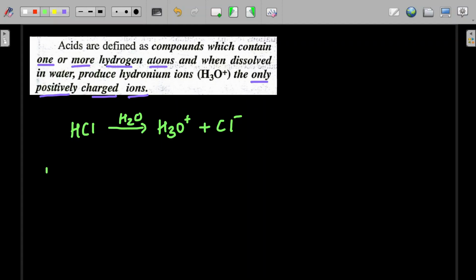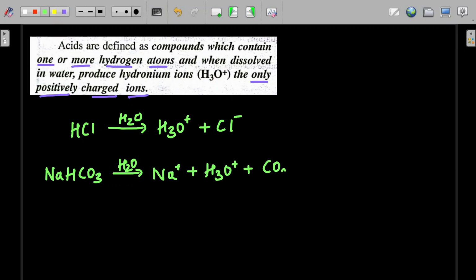But if I take NaHCO3, sodium bicarbonate, and dissolve it in water, what are you getting here? Na plus, H plus will become H3O plus, and carbonate CO3 minus 2. Although you see a hydronium ion here, you should not call it an acid.